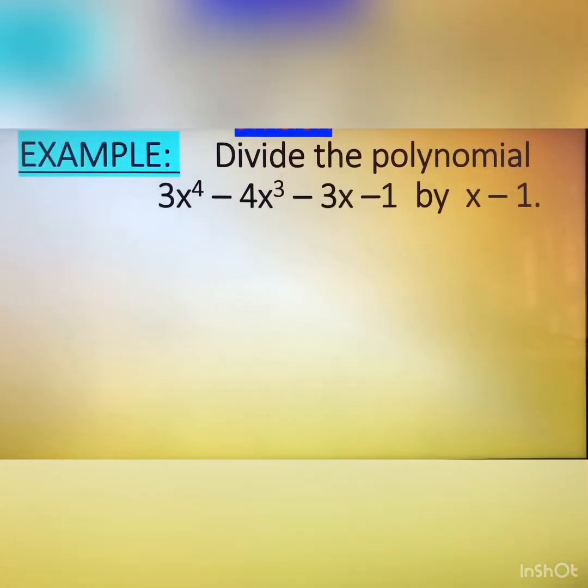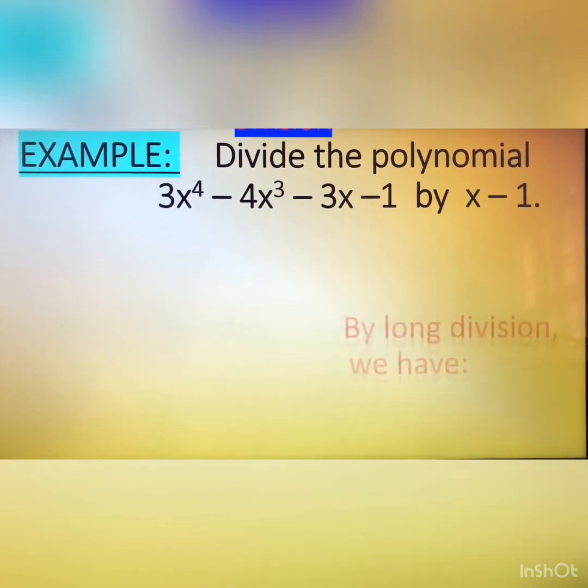Now, how to divide a polynomial by a second polynomial? Let us understand with an example. Let's say the polynomial 3x raised to the power 4 minus 4x cube minus 3x minus 1 is divided by x minus 1.